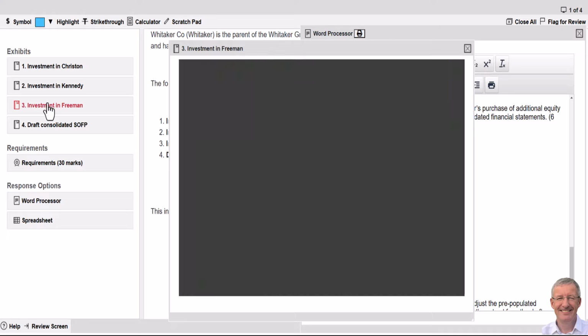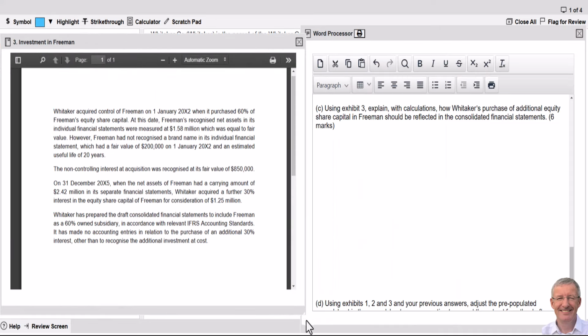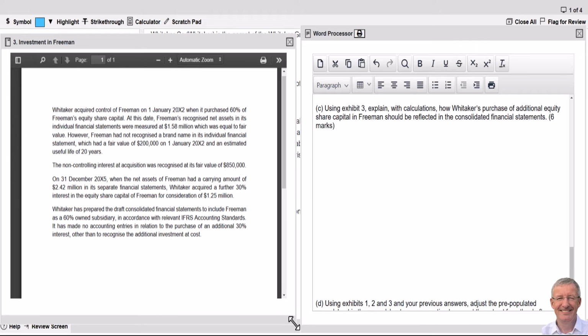You could either have a step acquisition if you're going to gain control, or if you've already got control, it will be a control-to-control transaction. We've already got control back in X2. We've got a 60% sub, with, therefore, a non-controlling interest back in the day of 40%. This was 4 years ago, 5 years ago, whenever it was, Jan X2.